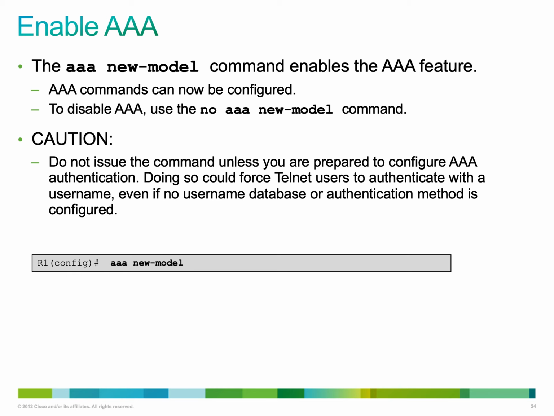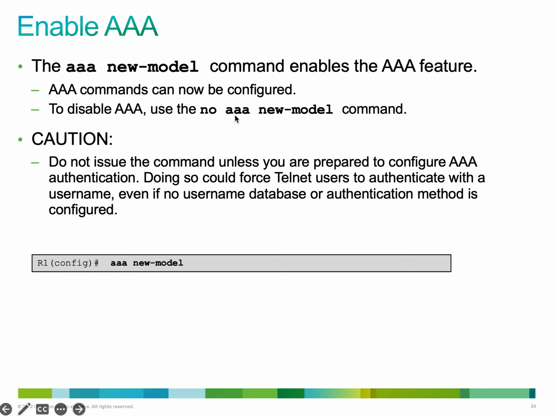To disable AAA, use the no aaa new-model command. You type in no aaa new-model, and once you type it, it will disable AAA. Once you type aaa new-model, it will enable AAA.